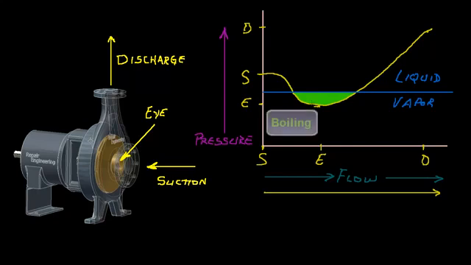This is the area where gas bubbles are being formed in the fluid. And at this location is the point where the gas bubbles collapse. At this point, the gas bubbles are unable to remain as a gas. They become compressed and collapse under the increasing pressure and quickly change phase from a vapor back to a liquid.